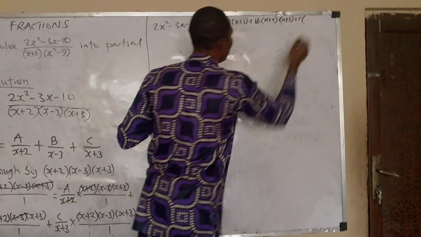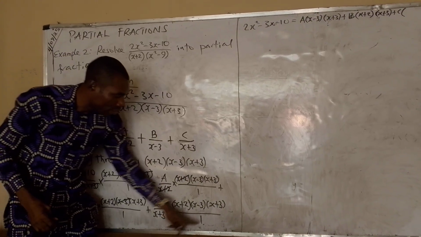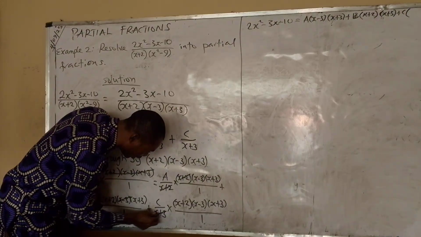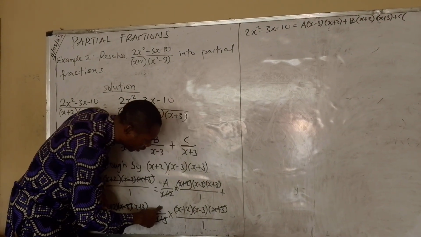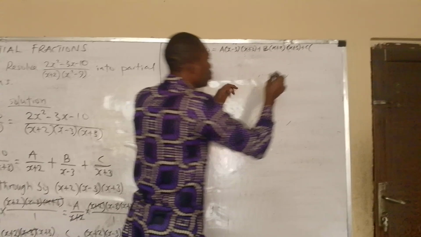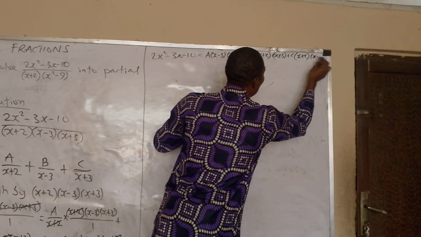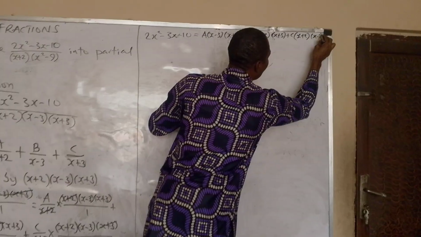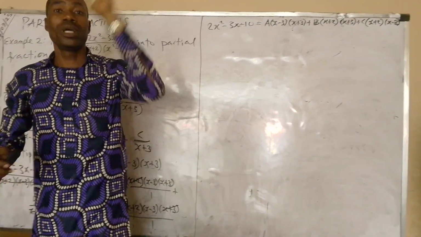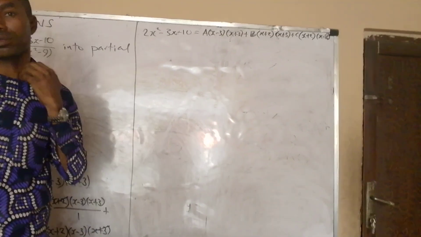Then now see the last under this. X plus 3 here and x plus 3 here are the same. They will cancel each other out. So this cancels this, leaving C into bracket, x plus 2, x minus 3. So we have x plus 2, x minus 3. We have eliminated the denominators. Now we have a straight equation.